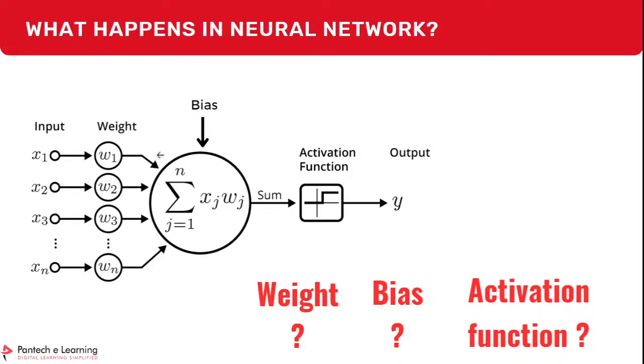Similarly, I have another input where x2 is 4, and I multiply it with 0.1, so the output will be 0.4. So this is 0.2, this is 0.4, but originally they were 1 and 4. Could you see that their importance has been reduced here? Sometimes their importance will be improved.